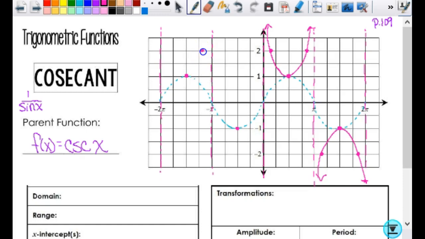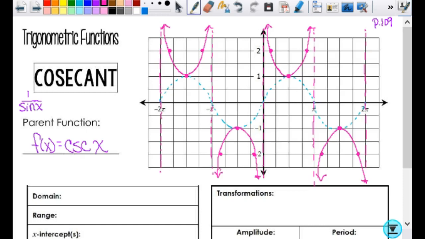So here this is at 2 and at 2 and at -2 and at -2. Okay. So where sine has zeros, cosecant has asymptotes. And where it has maxes and mins, we also have relative maxes and mins at those points there.